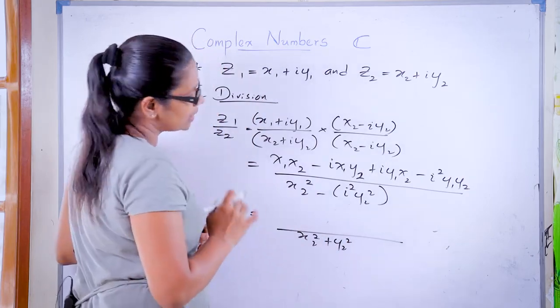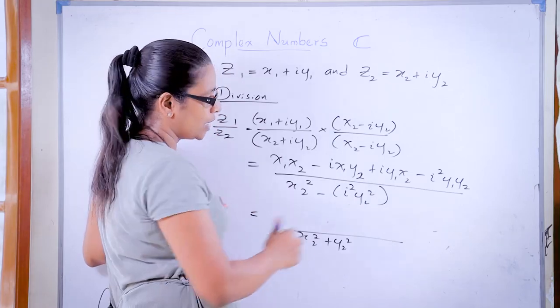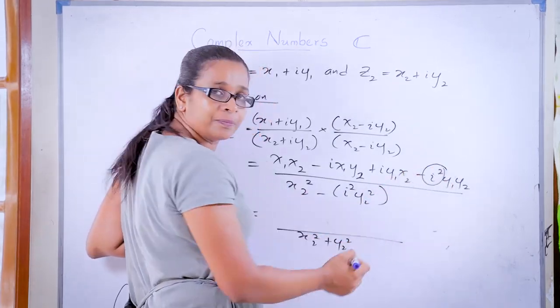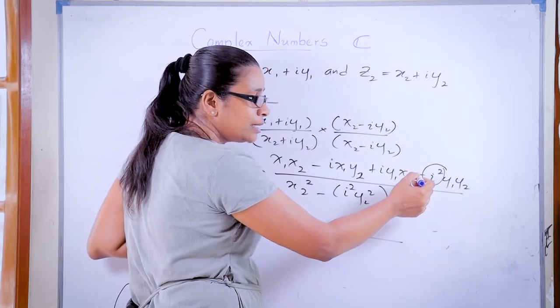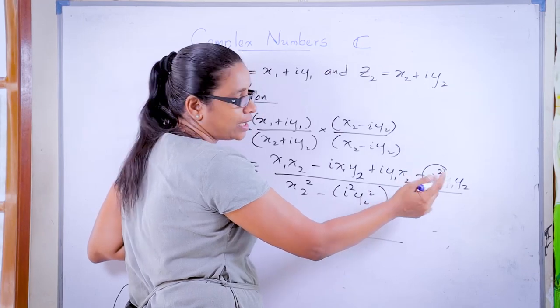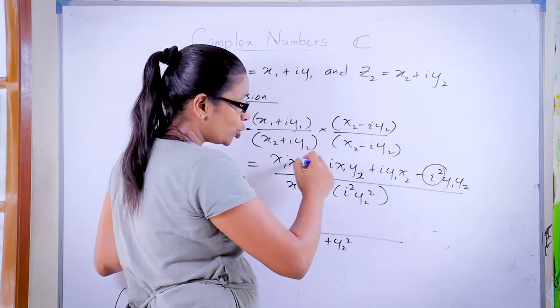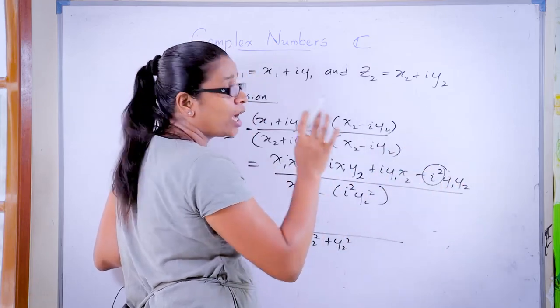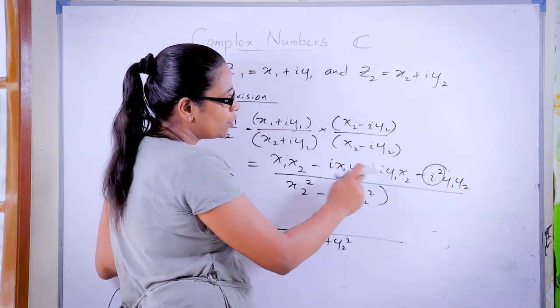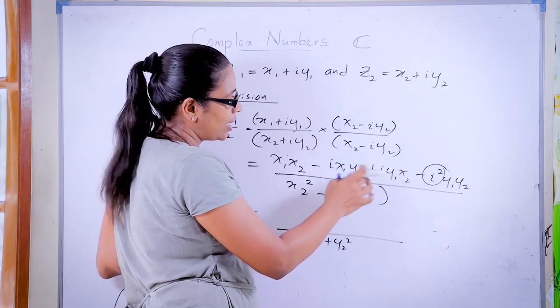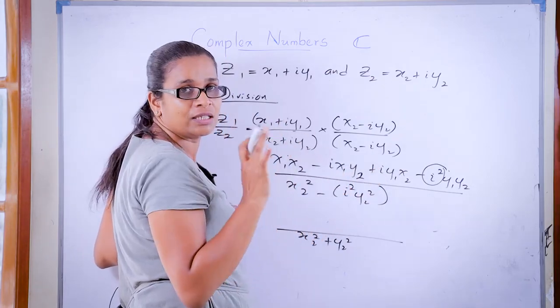Now consider the terms in the numerator. This is also minus 1, and minus 1 multiplied by this minus means this one becomes plus. You can consider these two terms together because those are real terms, and these two terms are imaginary terms.